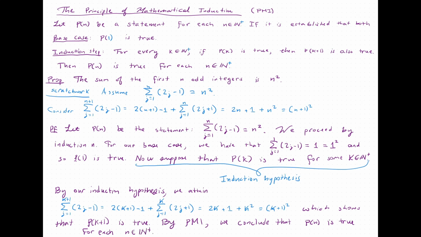We now have established this, because upon establishing this for every positive integer n, we get what we wanted to show. Since P of n being true for every positive integer n tells us that the sum of the first n odd integers is equal to n squared. And so we're done. And so in our next video, we're going to do another example where we utilize induction and then return back to the material from chapter 3.